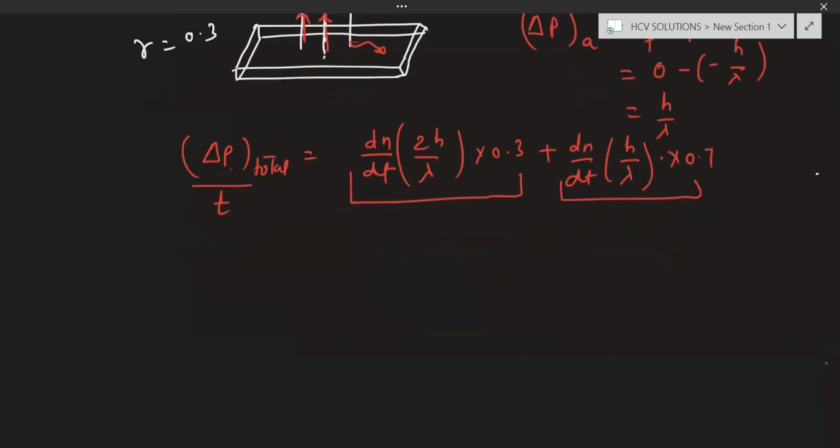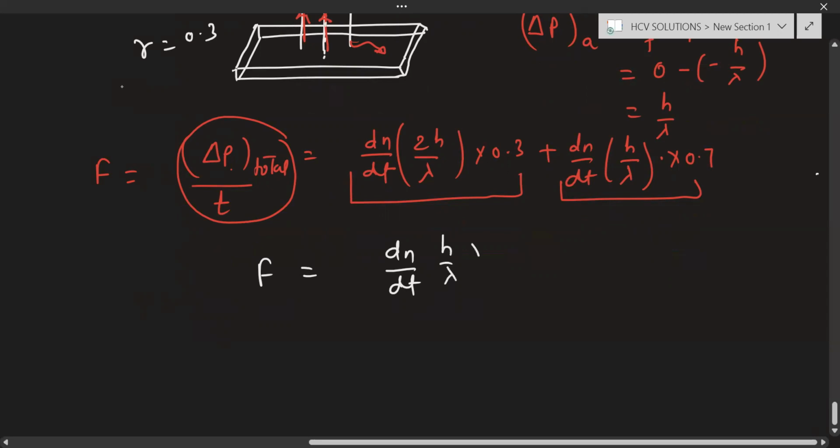That is nothing but the force, the change in momentum per unit time. So we can write F equals dn upon dt, and since we don't know lambda, we take h by lambda common.